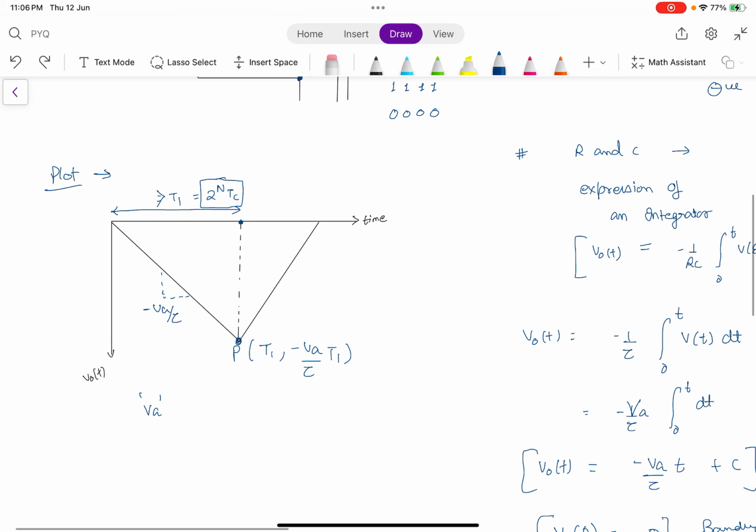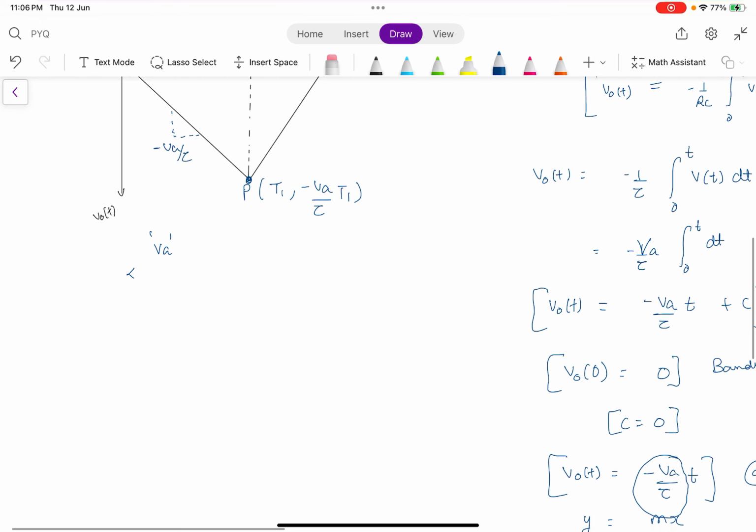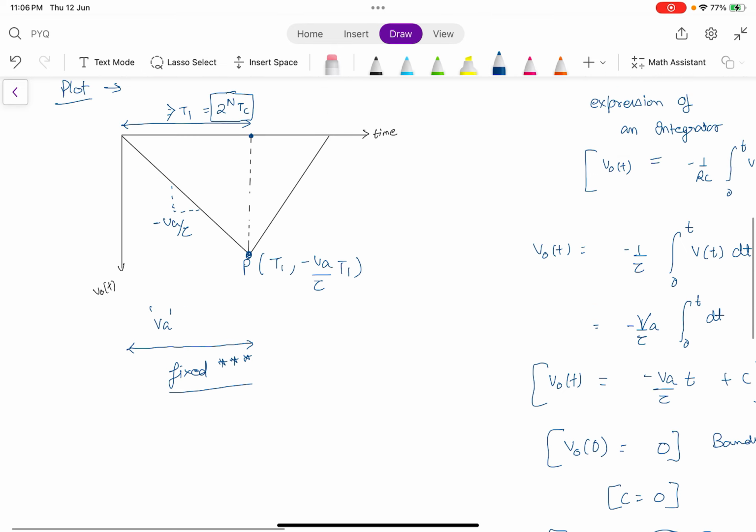Now coming to 2 to the power n Tc, how T1 is 2 to the power n Tc, I am going to tell you that this part of time is always fixed. It is a very important point you should remember.